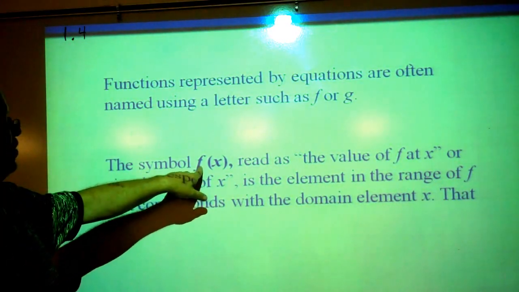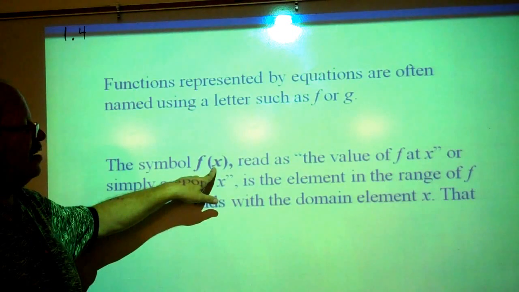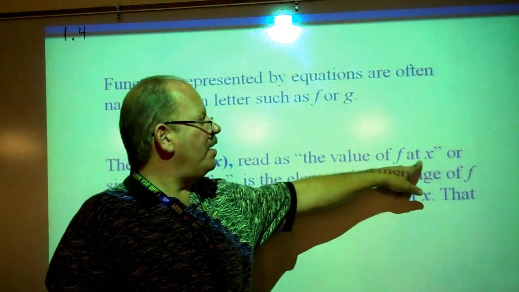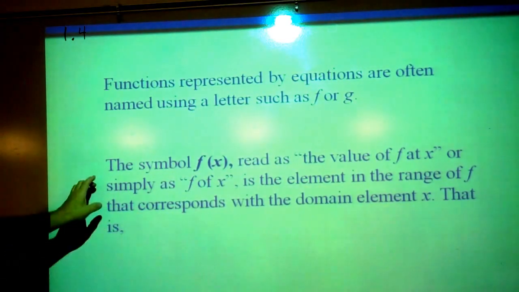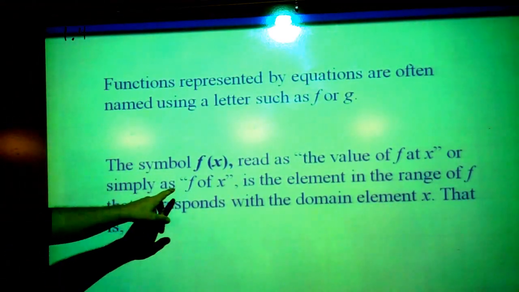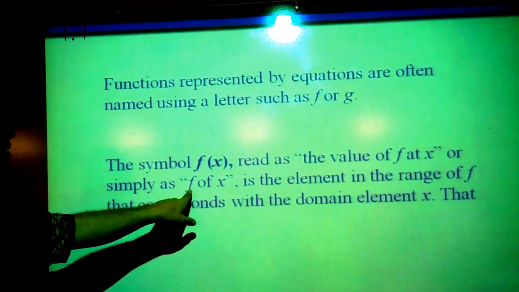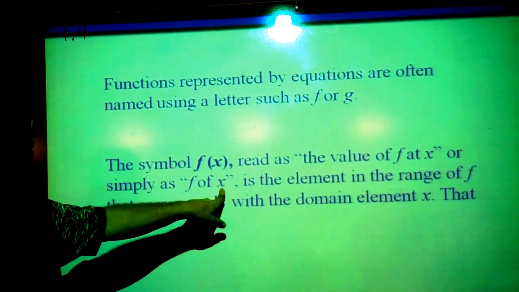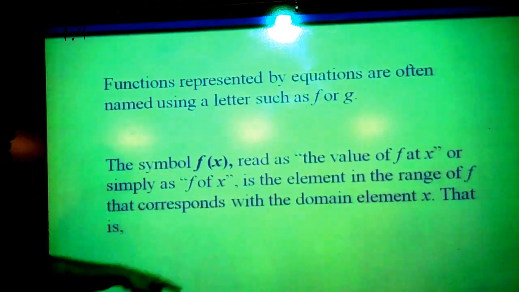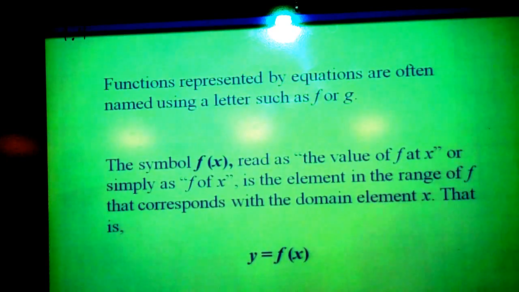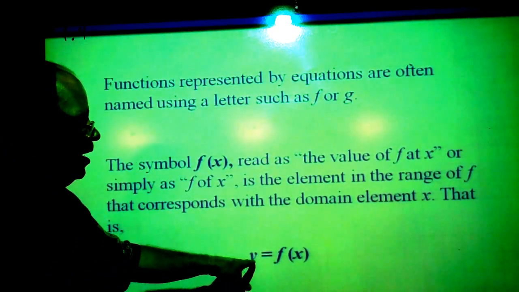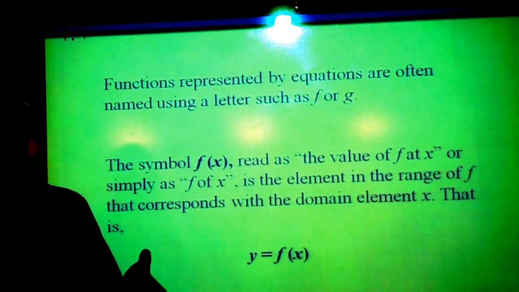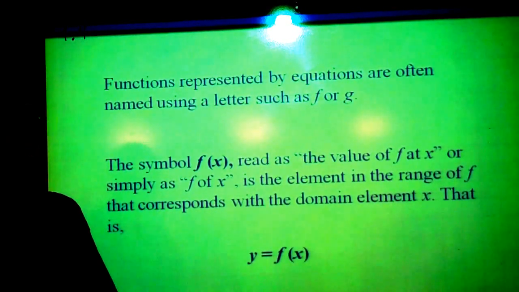So the symbol f of x, they say, is read the value of f at x. I've never read it that way. I read it f of x, or I simply say a function of x. It's a function of x. F of x is just y. You've done functions all your life, just that you called them equations.